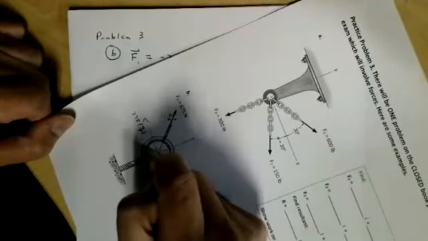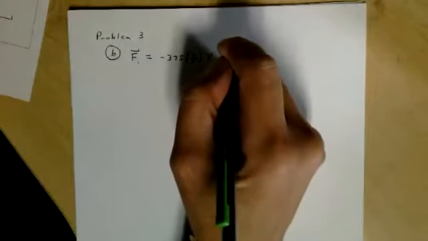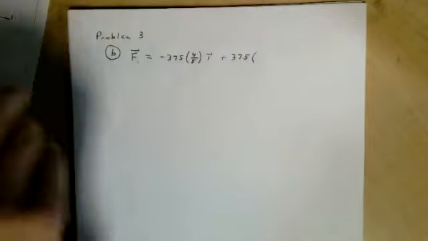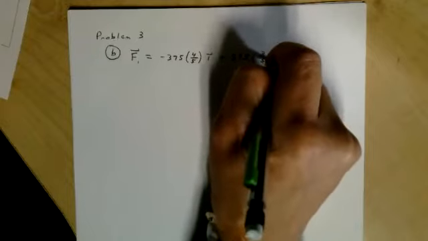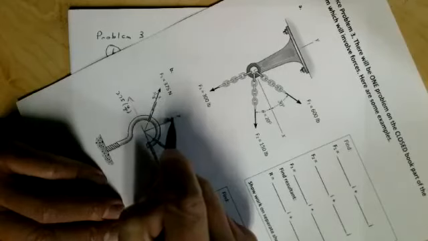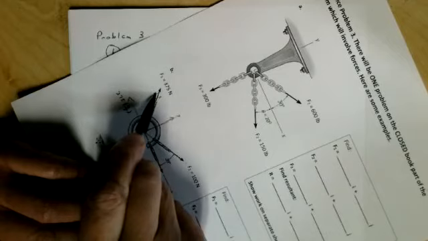I. And then for the Y component, going in this direction here, plus 375, and then use the Y component here, 3/5 J. Again, because we're looking for the Y component or the J component, it's going to be the magnitude times the Y component here on the little triangle divided by the hypotenuse.